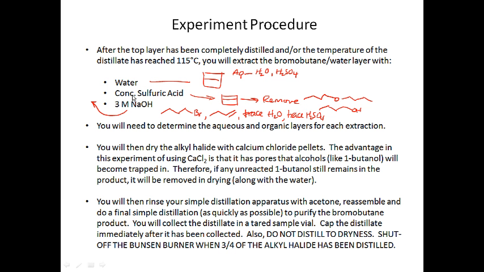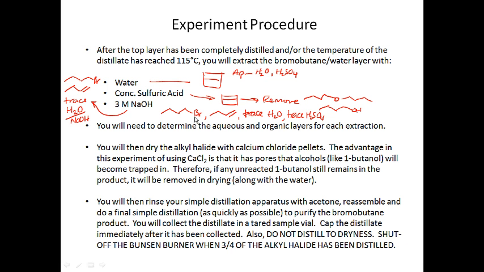When you're done with the 3 molar sodium hydroxide extraction, and again you'll have to find out which layer's which, you should end up with a layer containing the bromide, the alkene, and then trace H2O/sodium hydroxide.